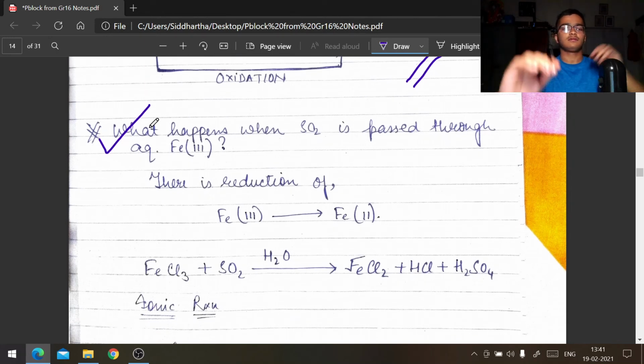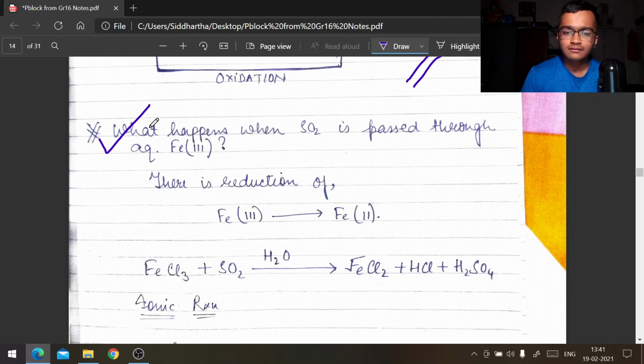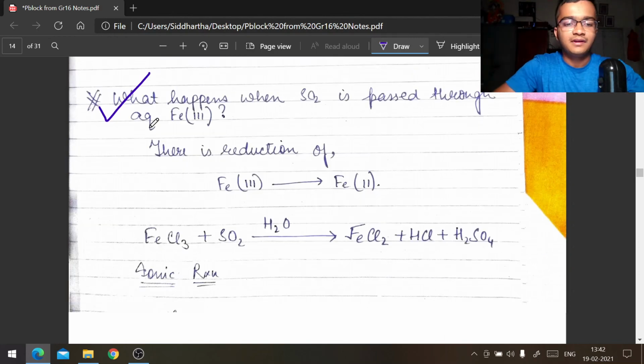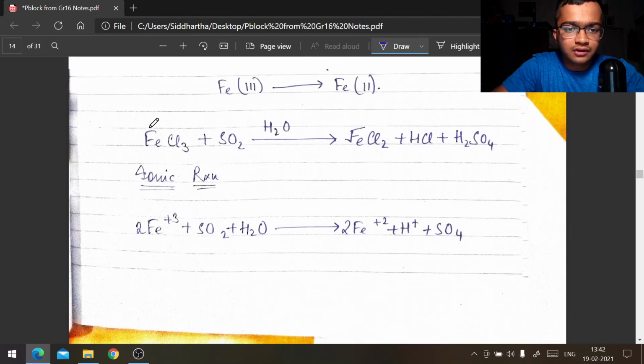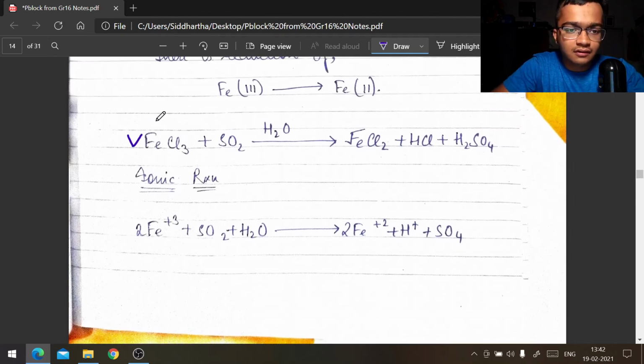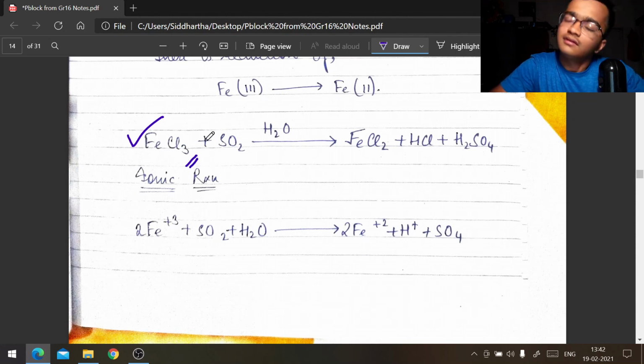Now what happens when SO2 is passed over aqueous ferric solution? Now there is reduction of Fe3 to Fe2. See, the oxidation number is being reduced. If you take FeCl3, this 3 means that Fe is trivalent, the higher valency of Fe.